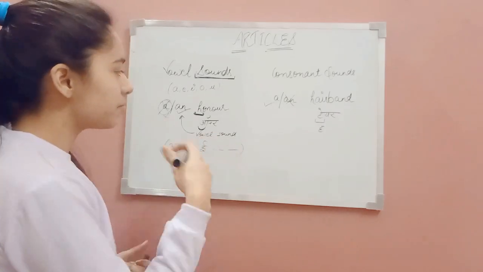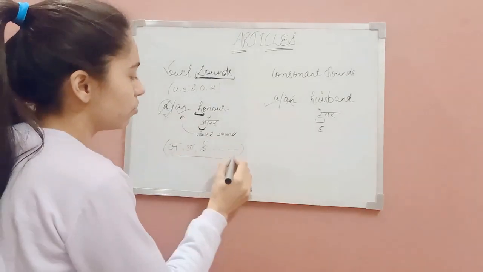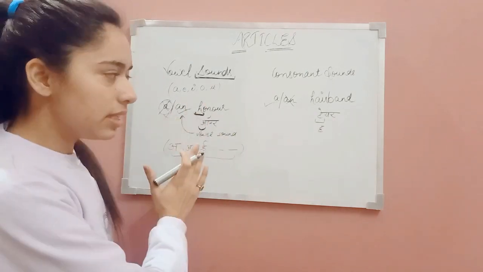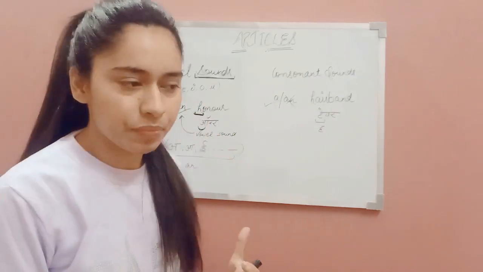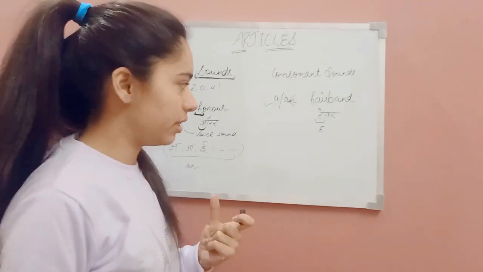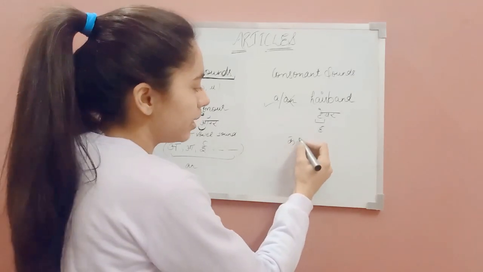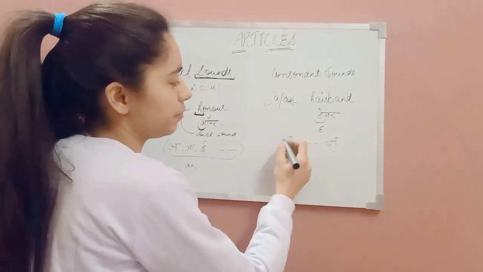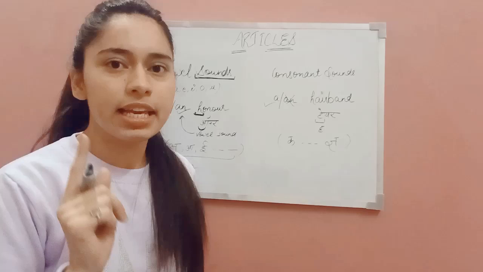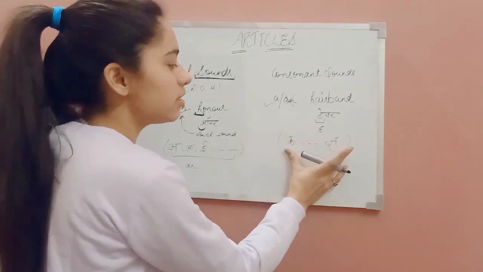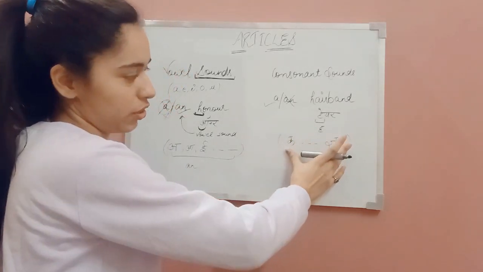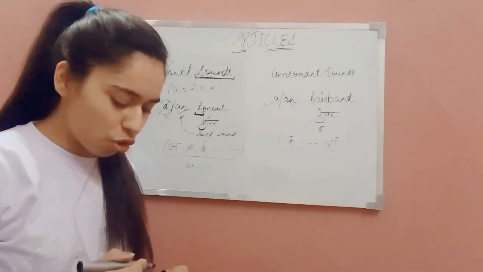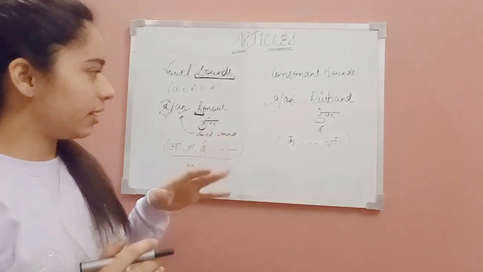So whenever some word starts with these sounds, you are gonna use AN. And other than these, whatever are व्यंजन, consonants are called व्यंजन in Hindi, from क to ज्ञ. If any word starts with the sound of these letters, consonants, then we will use A. I hope the concept is clear till now.